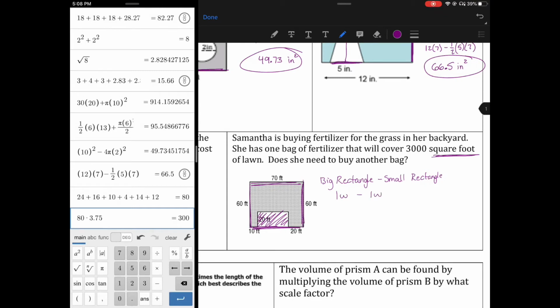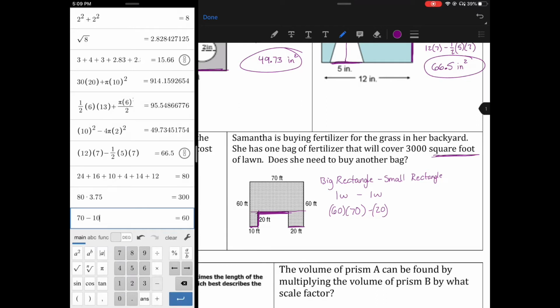So for my big shape, it's 60 by this side, which is 70. So I'm going to do 60 times 70. And then for my little shape, I have one side right here, which is 20, times this other side, which I don't know. But I do know that this entire thing is 70. So if I take the 10 and I take the 20 away, that's 70 minus 10 minus 20.